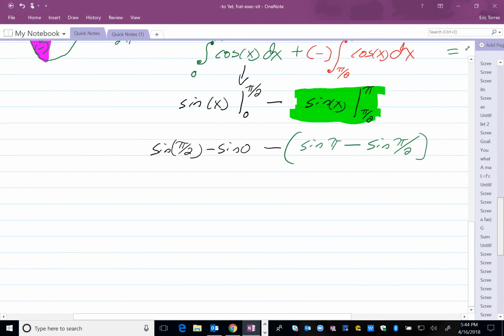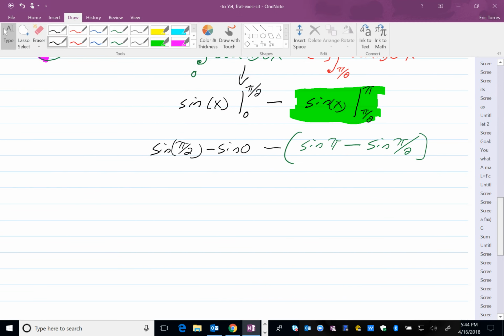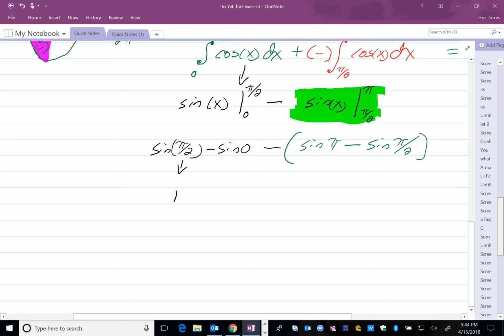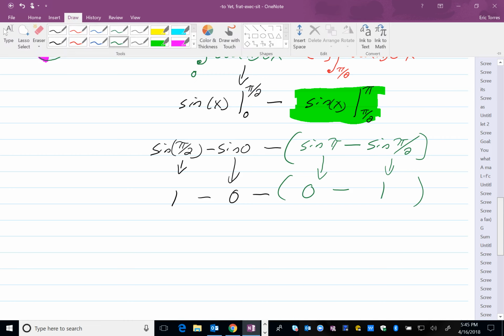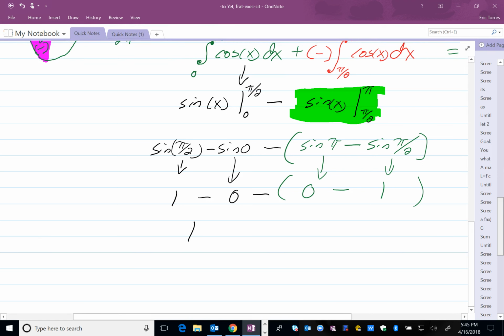Okay, so as we evaluate this, the sine of pi over 2 is 1, minus the sine of 0, which is 0, minus, still in parentheses, be careful about that, sine of pi, which is 0, minus sine of pi over 2, which is 1, gives me 1 minus a negative 1, or 2.